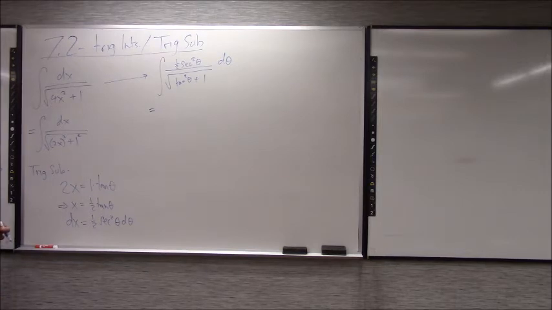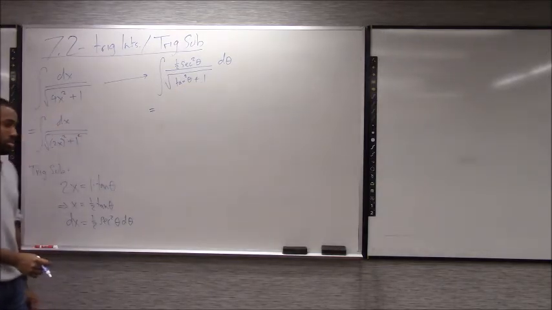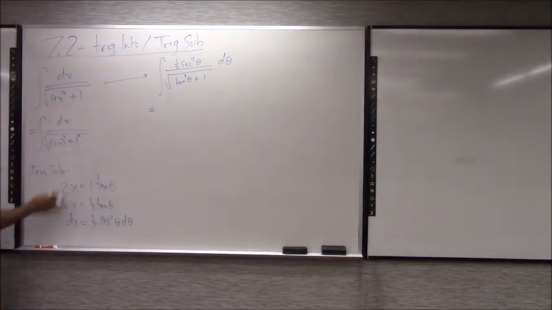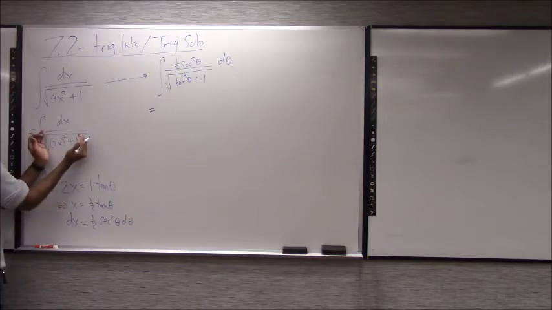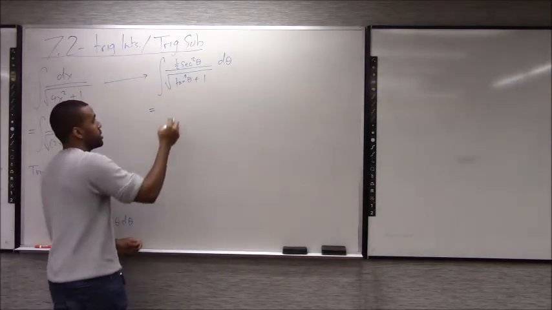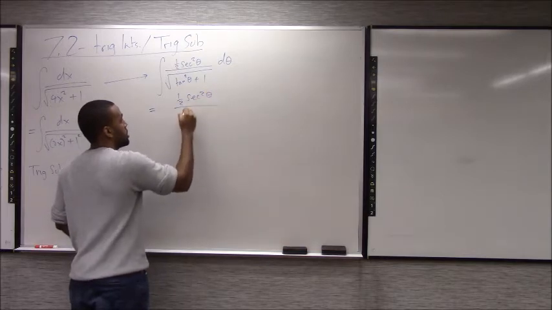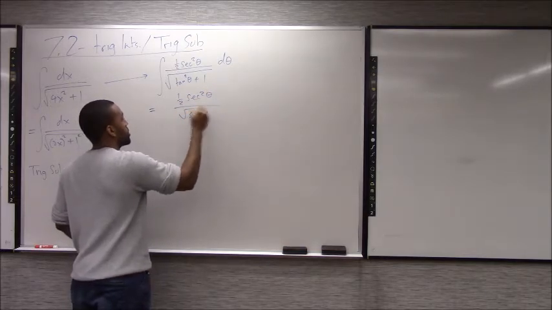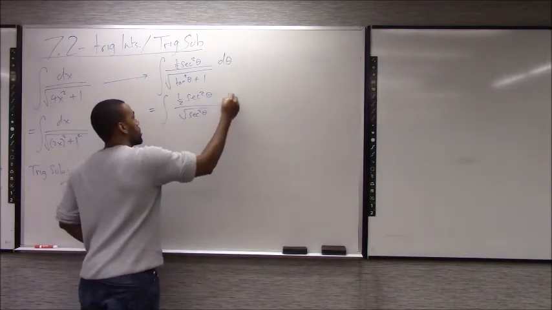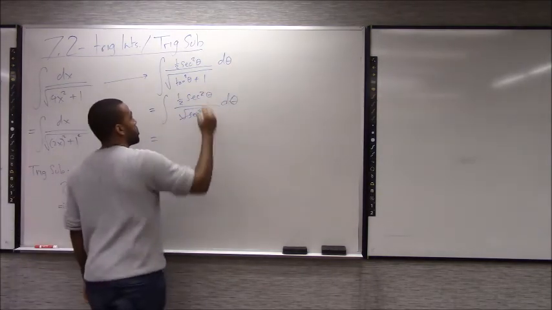You have tangent squared plus 1 secant squared. Tangent squared plus 1 is just secant squared. Literally the whole reason why we do a trig sub is to get the sum of these squares to collapse into one thing by using a trig identity. And tangent squared plus 1 is directly a trig identity. That is just secant squared. So that guy is going to cancel with one of those.